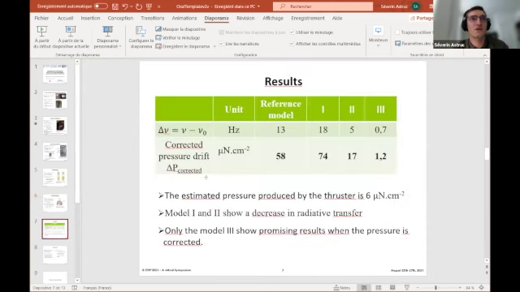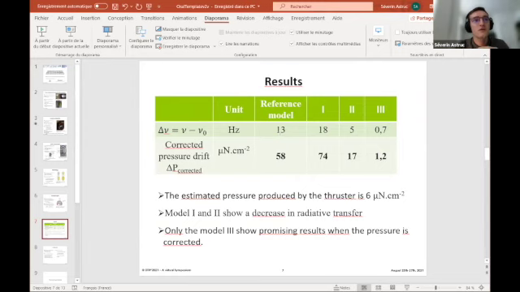With the simulation, we apply the thermal load on the proof mass, and we see the change in frequency from the initial frequency. For the reference model, we have 13 hertz of change, which corresponds to 60 micronewton per square centimeter in terms of pressure.